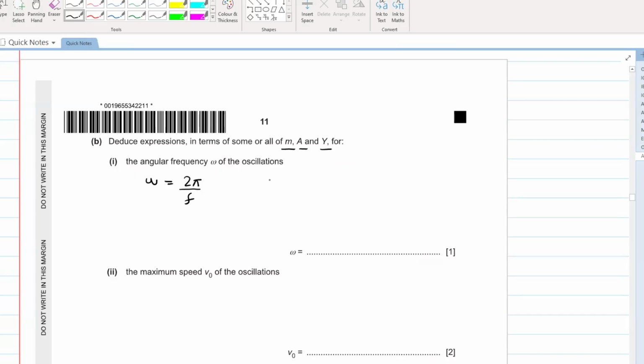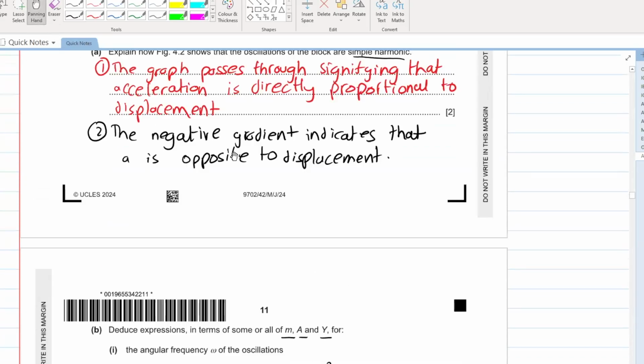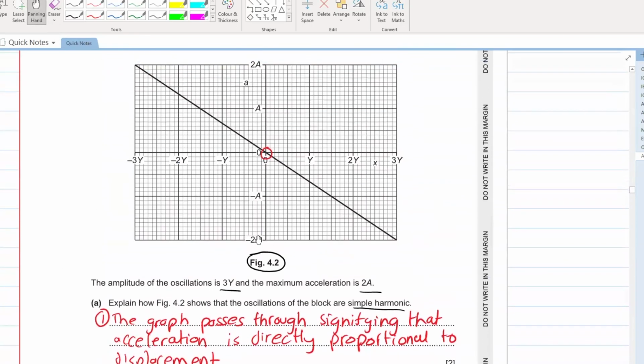Instead, what we can do is, we know acceleration is equal to negative w square times x. Perfect. When your acceleration is minus 2a, your displacement is 3y.